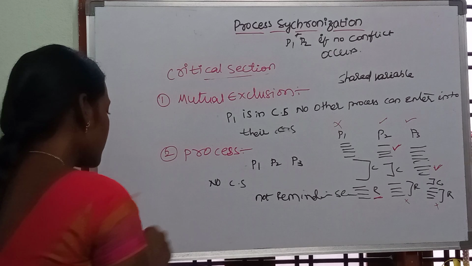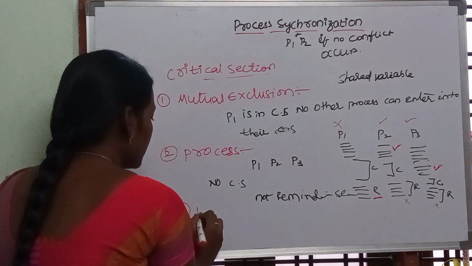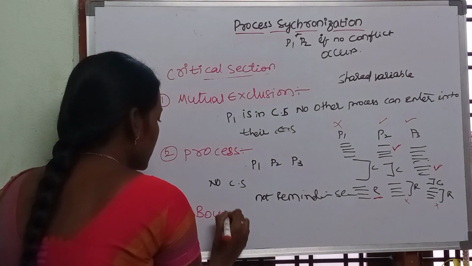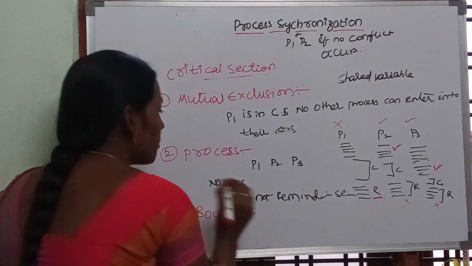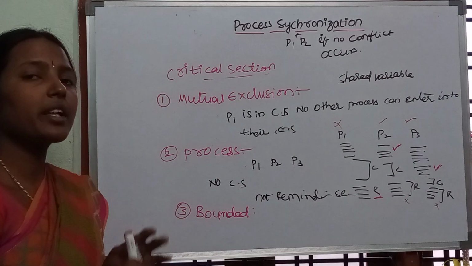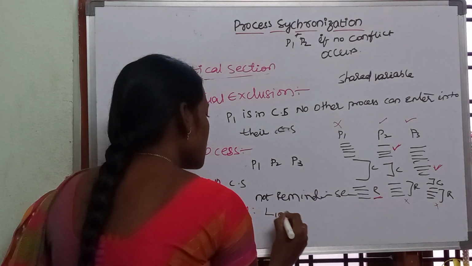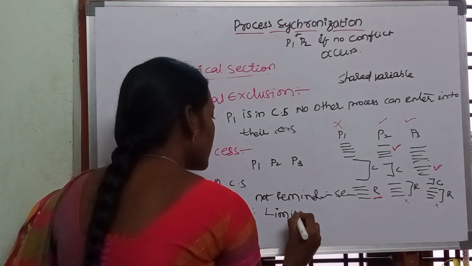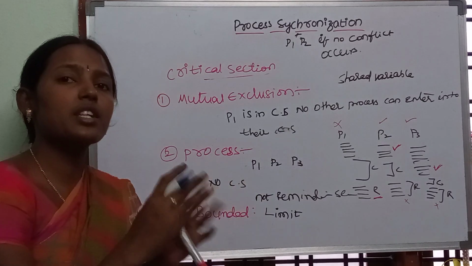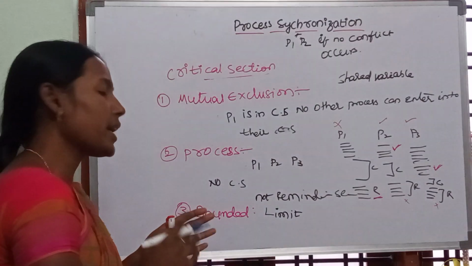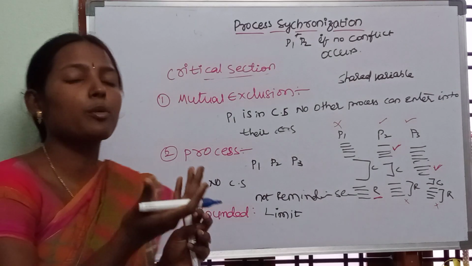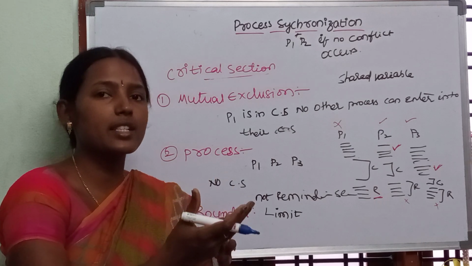And the last one is bounded waiting. Bounded is nothing but every process should have a limit for its execution time. That means every process should have a limit to its critical section.